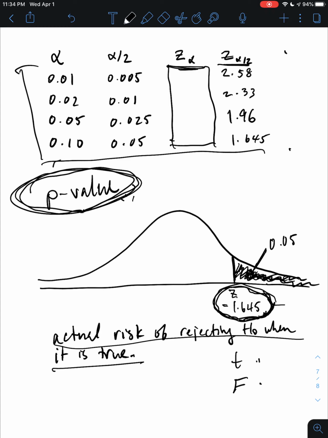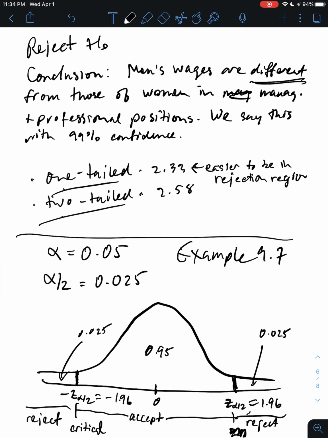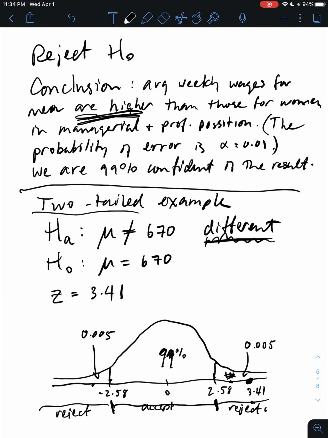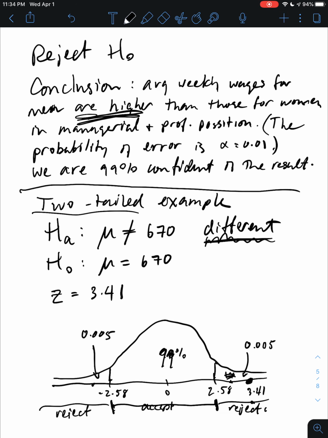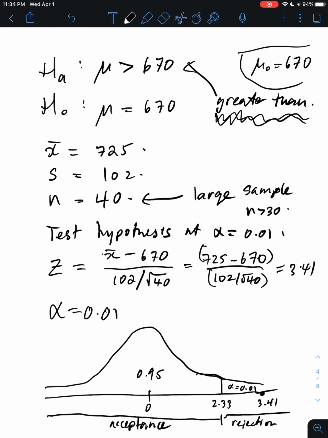So how do we calculate the p-value? Well, let's go back to our friend here, this one-tailed test of hypothesis.